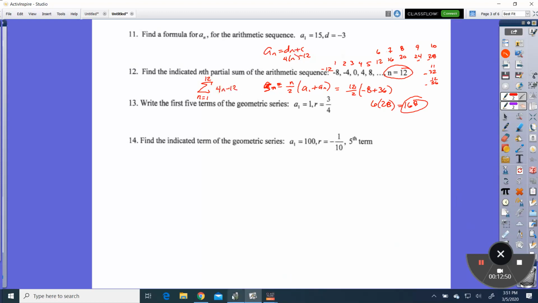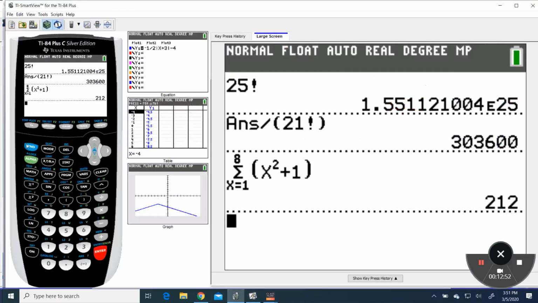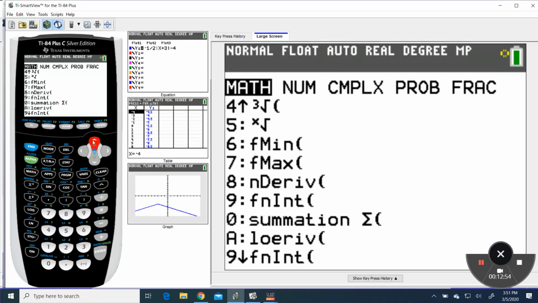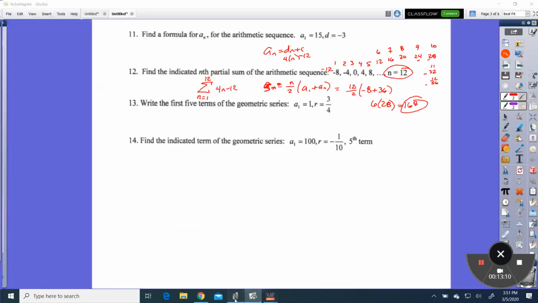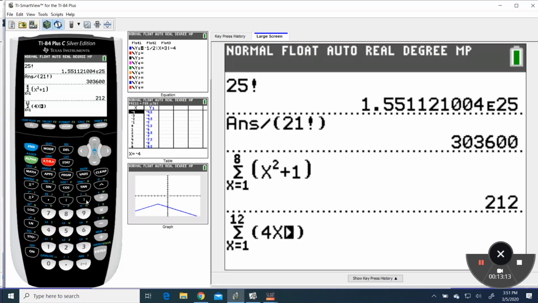So now I can just go to my calculator, hit math, go up to that summation, x, 1, 12. Now I write in my formula, which was 4x minus 12.